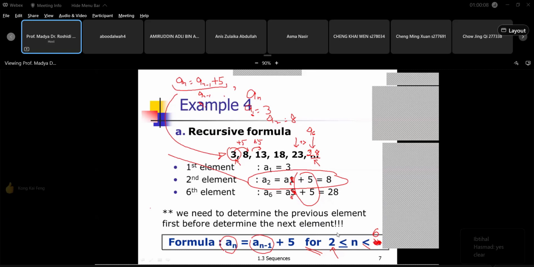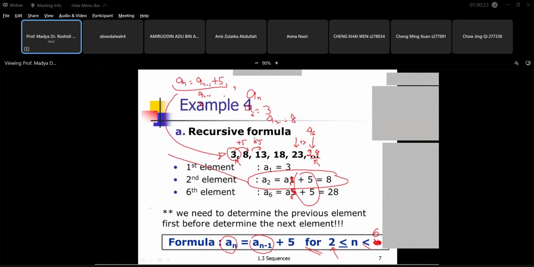So in order to represent the formula for each recursive, we must justify the sequence first. What is the pattern? What is the starting point? What is the ending point?